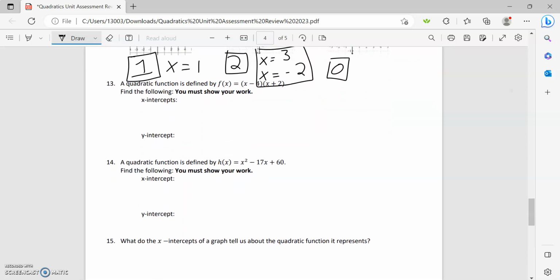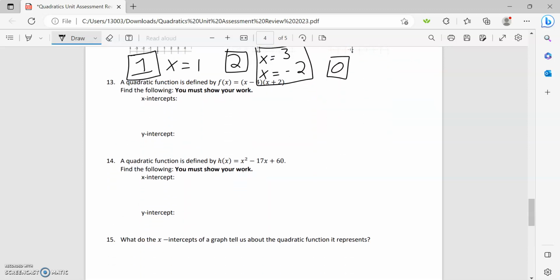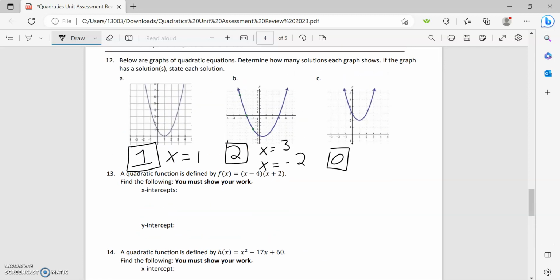Okay, moving on. 13. Sorry, I kind of blocked that a little bit. 13 has a quadratic function, x minus 4 times x plus 2. So when they ask for the x-intercepts, remember, graphically, an x-intercept is along the x-axis.